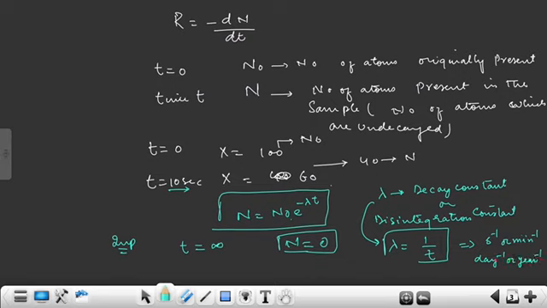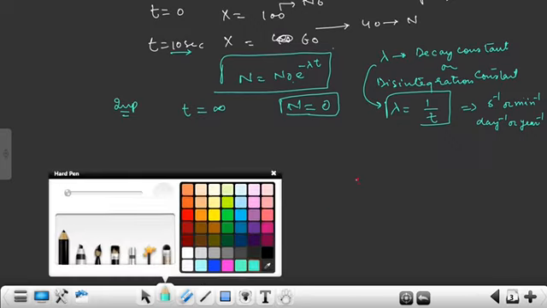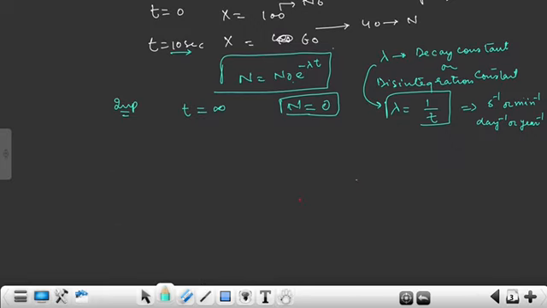So this was the case of the laws of radioactive disintegration. Now we have a last simple point. What is the significance of the disintegration constant? Suppose I have an X sample and a Y sample, and one has a larger disintegration constant and the other a smaller value.